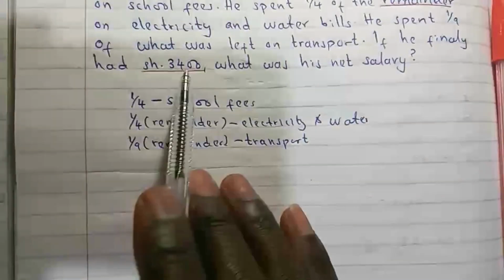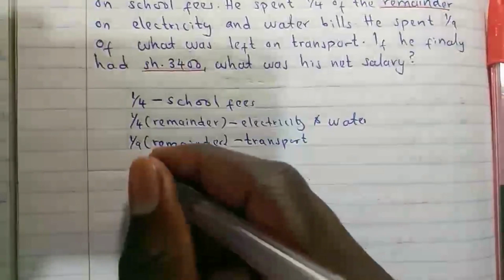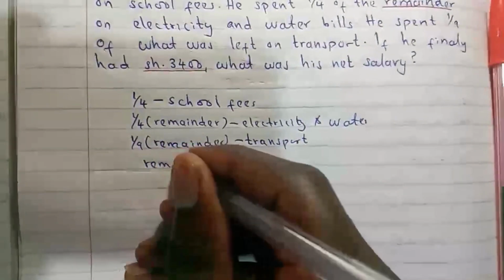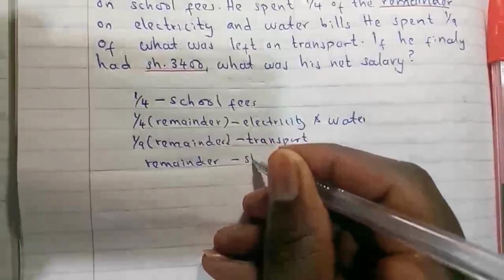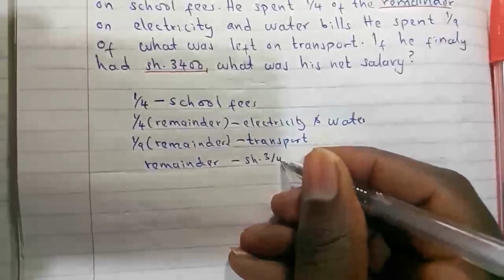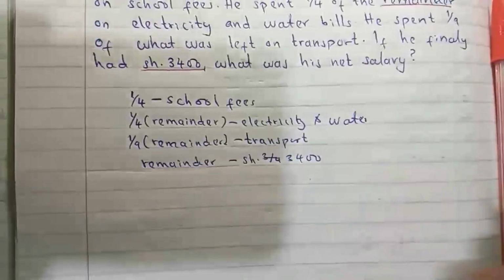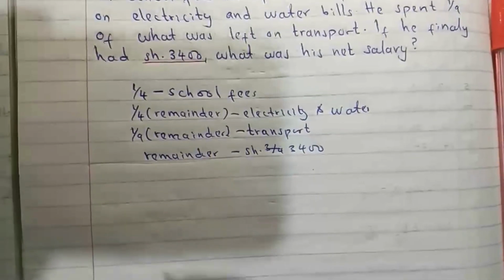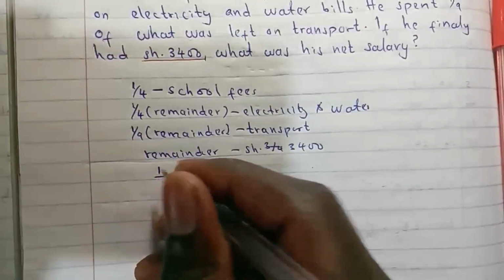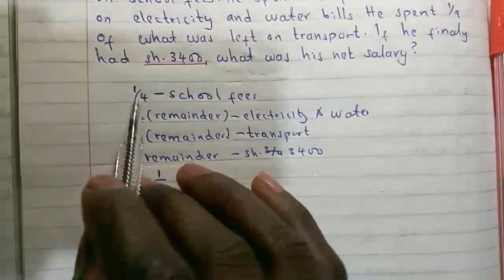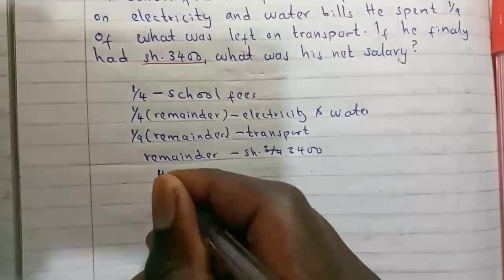If he finally had 3,400 shillings, what was his net salary? So after spending all this, he remained with 3,400 shillings. What was his net salary? So after spending a quarter, to start with, we are going to assume that his net salary was 4/4.